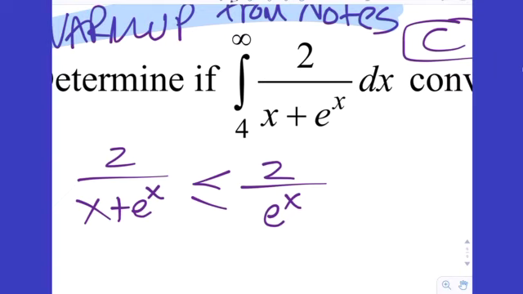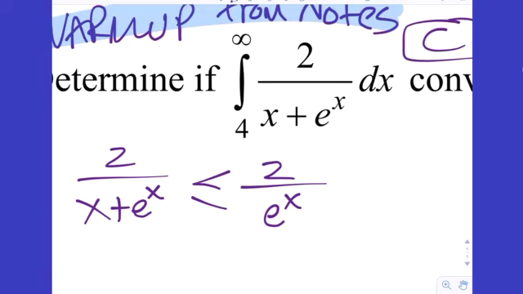Does it work? x is taking on values from 4 to infinity. So if you add something to the denominator, you are making the fraction smaller. So if you take that away, you now have something that's bigger. In other words, if you make the denominator of a fraction smaller, you're making the fraction itself bigger. So this is the correct thing.